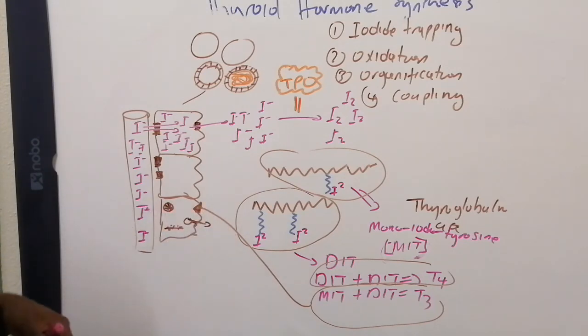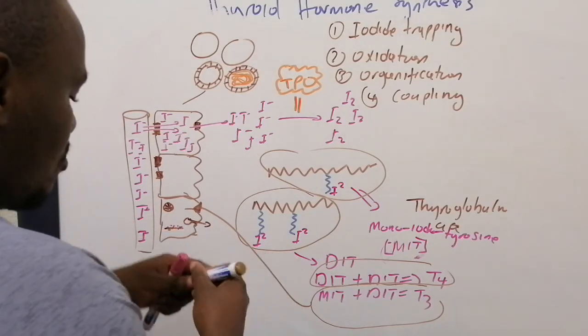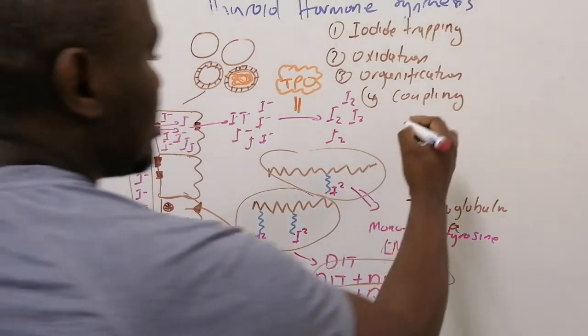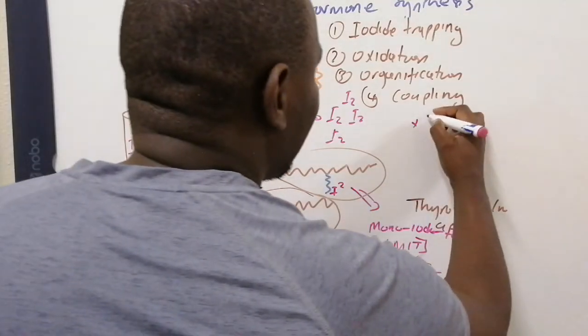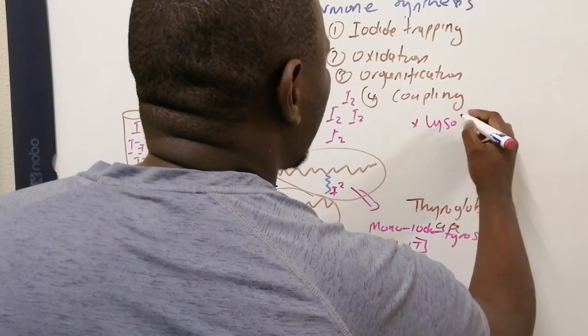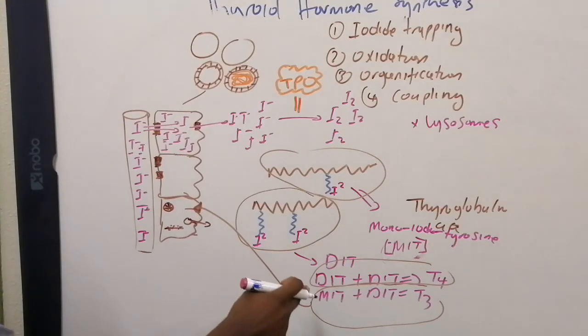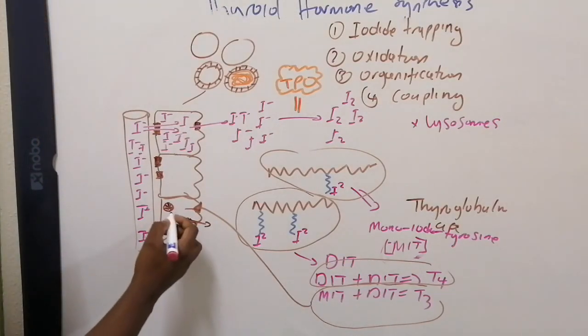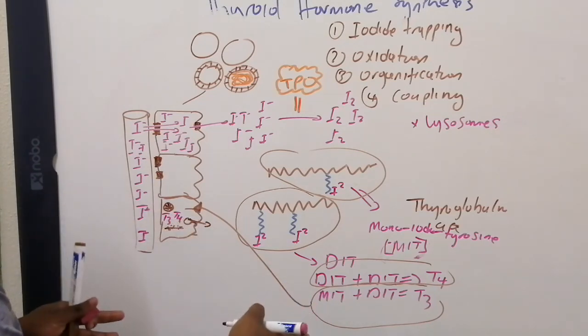It's gonna be endocytosed, right? As it enters here, there are a couple of special things that happen. One of them is, remember, we've got lysosomes in a cell. So the lysosomes will split this, releasing T3 and T4 and the thyroglobulin.